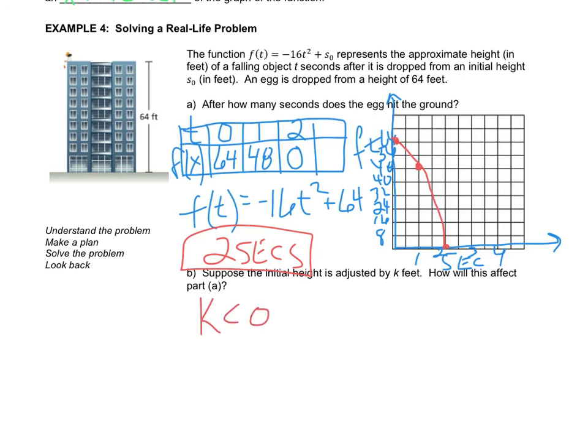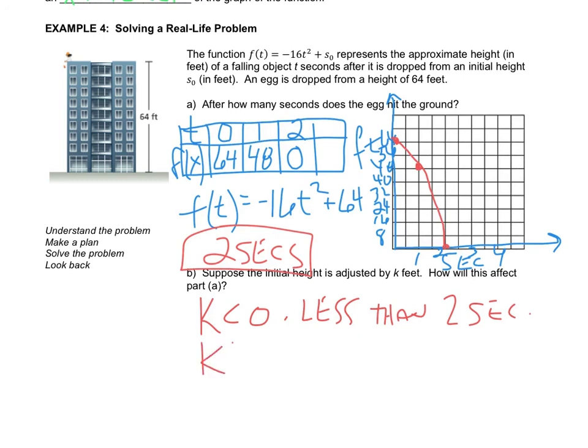What we've said is that plus number, in this case, if it was a negative, it's going to drop, which means it's going to be less than 64 feet. Now remember, we're talking about exponential things happening, so I can't just say, well, if it drops 3 feet, it's going to happen this much faster. We've got to run it through the numbers. But if it is a k value that is less than 0, it is going to take less than 2 seconds, which hopefully makes some sense because I'm closer to the ground.